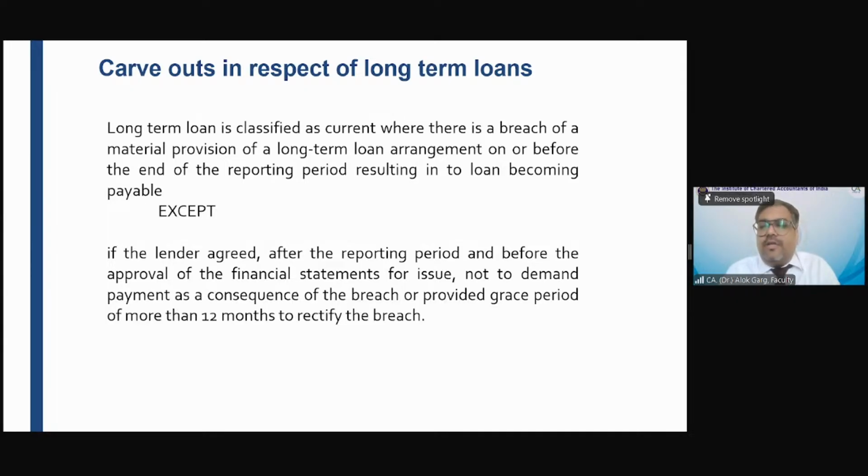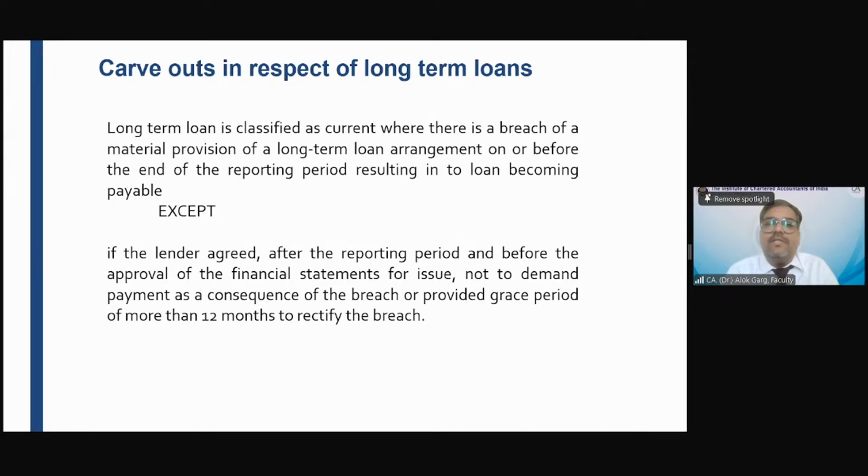So on 31st March 2025, when the company was finalizing the balance sheet, there was a breach of some loan condition. Due to the breach, the loan becomes repayable on demand on 31st March 2025.